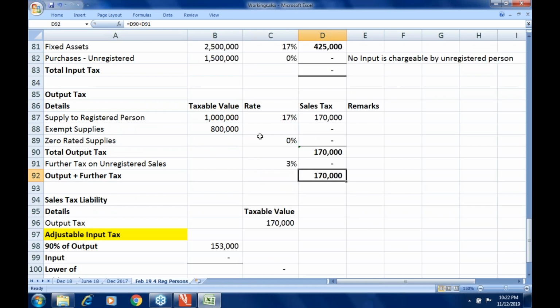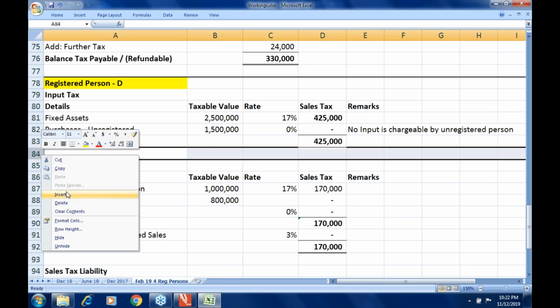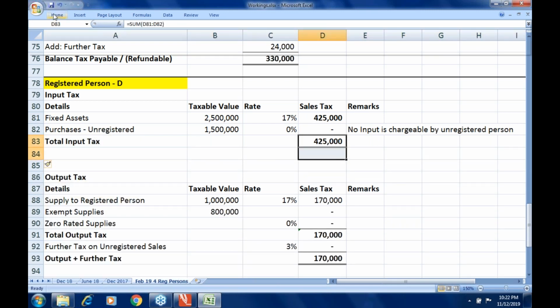Now let's try to understand what is going to happen with this registered person. We have got total input tax, which is 425,000. What am I going to do now?